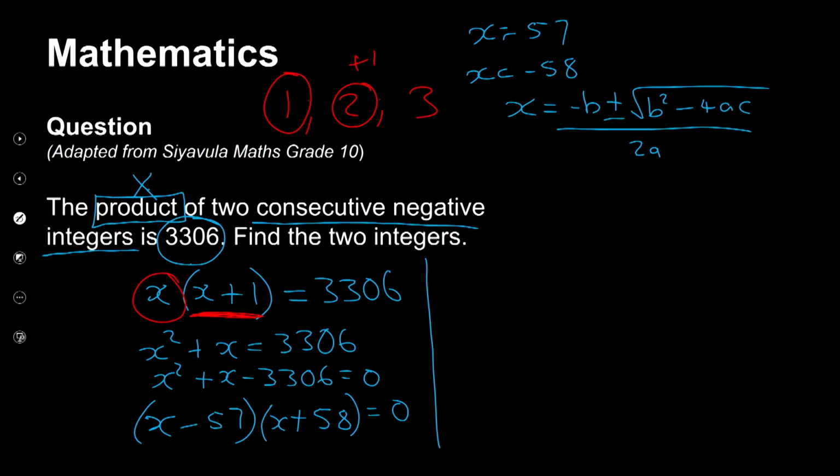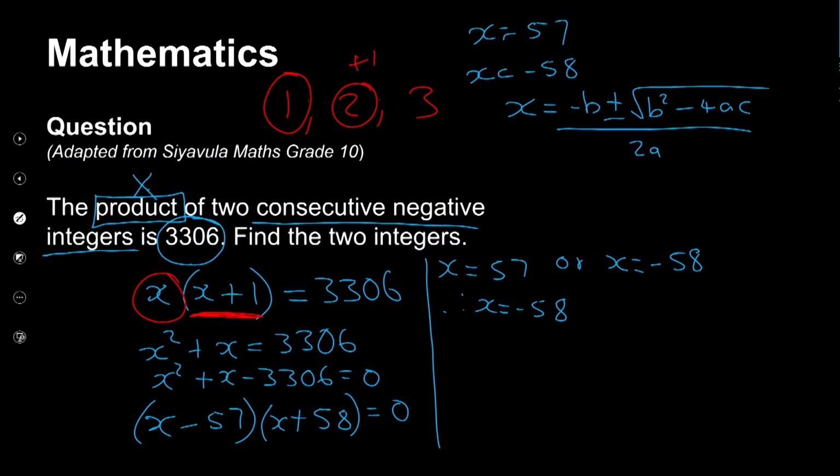Now remember, they told us that these two integers are negative. It means I must take the negative answer here and not the positive one. So x will be equal to 57, or x will be equal to negative 58. It means, therefore, x is equal to negative 58. That's the answer that I want.